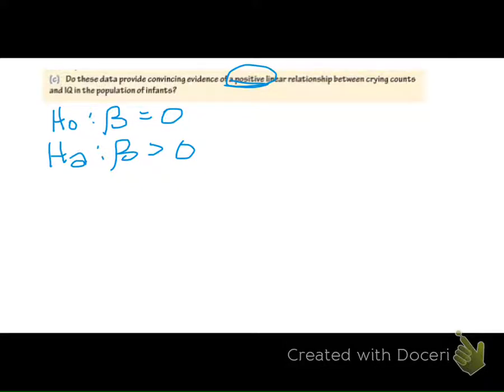So for a test for regression, our null hypothesis that beta equals 0 basically says that the slope is 0, or the line is horizontal, and if the line is horizontal, then y really doesn't change as x changes.